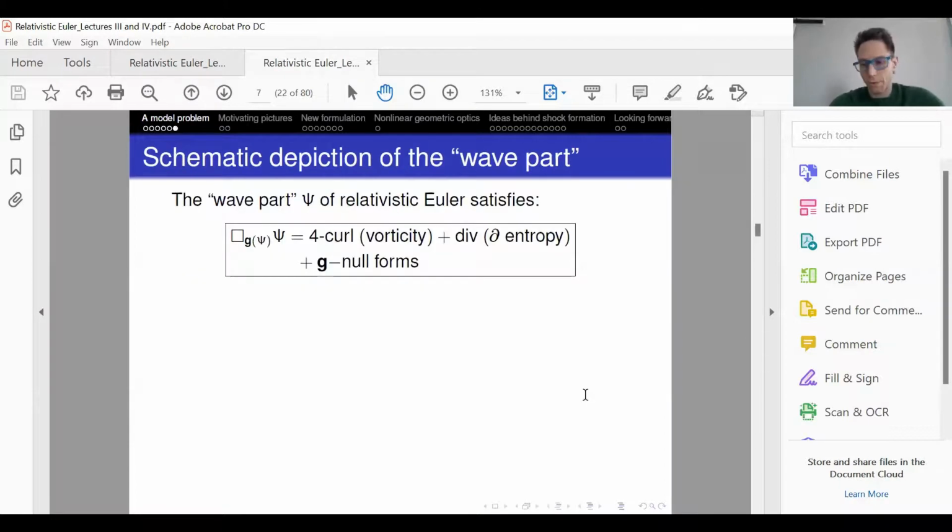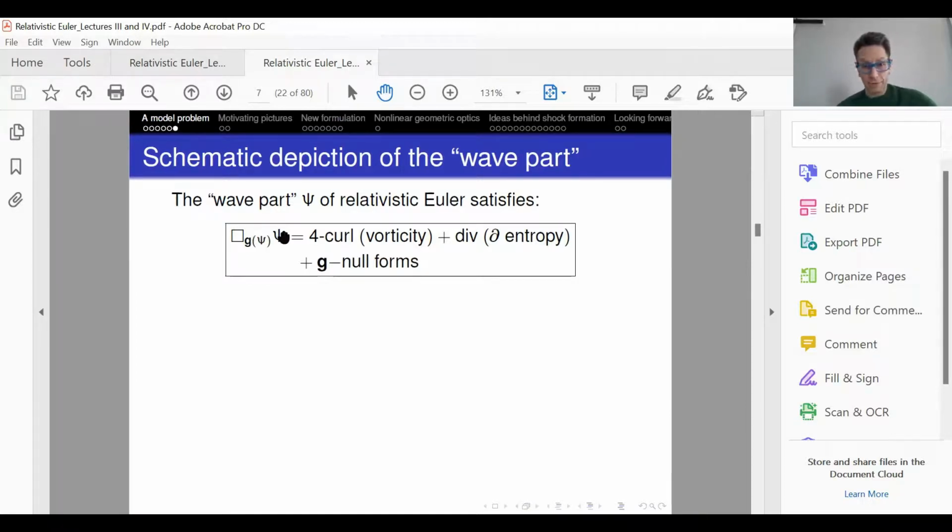Okay, so before I show you what the new formulation of relativistic Euler looks like, I'll give you some schematic depiction of how to think about it. So you do have a wave equation, so you have a covariant wave operator on the left. For relativistic Euler, this g is nothing other than the acoustical metric, the same acoustical metric from yesterday.